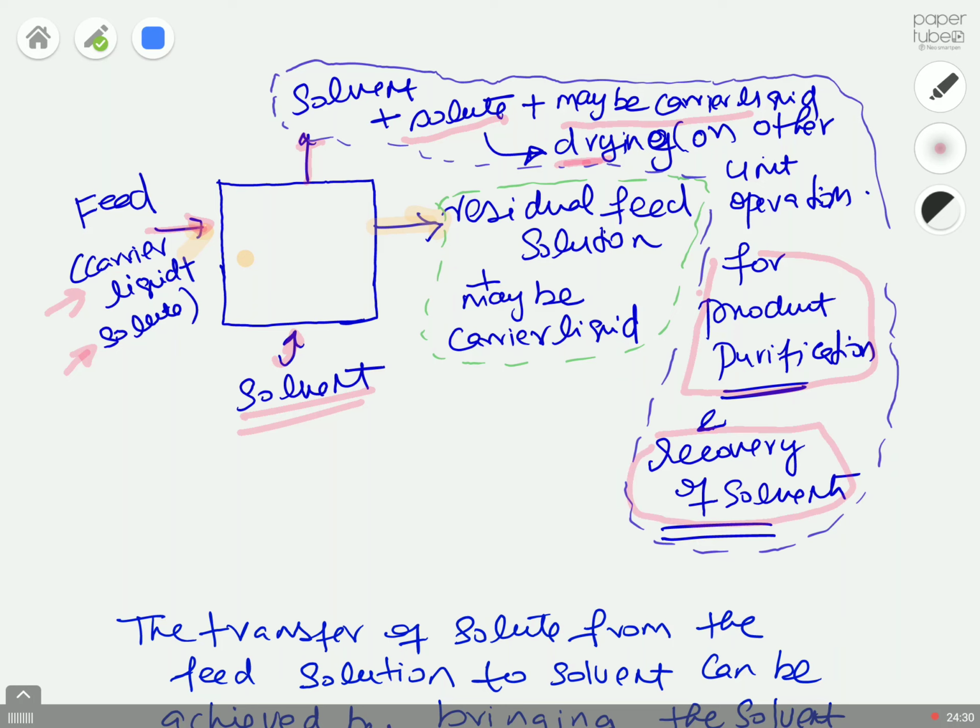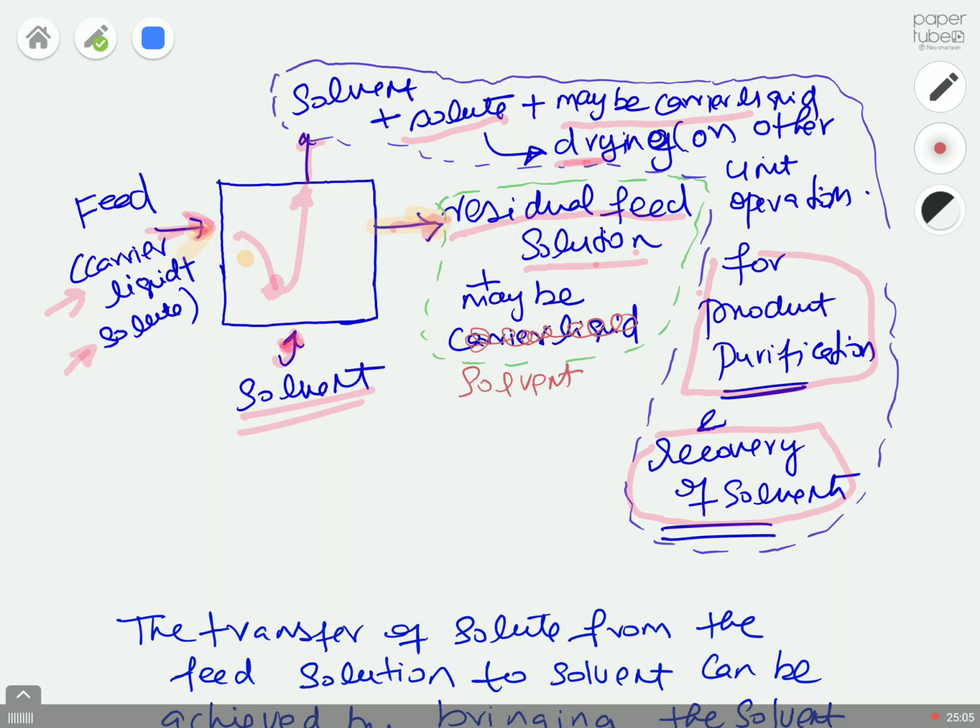And then your feed solution, since we have already transferred a lot of solute molecules from the feed to the solvent, the residual liquid that comes out we can call the residual feed solution. It might contain a bit of solvent, since your carrier liquid may be slightly miscible.